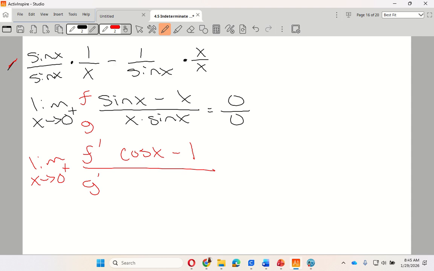Yes. So product rule that. So that's going to be 1 times sine x plus x times cosine x.